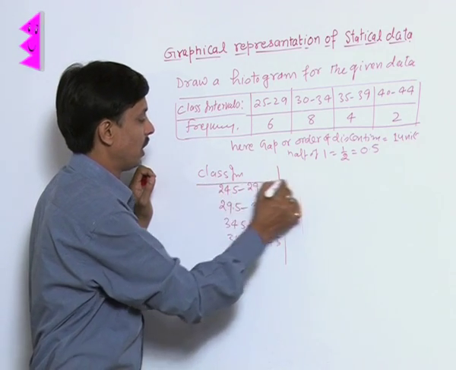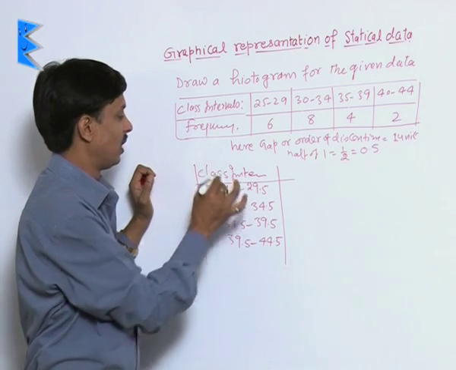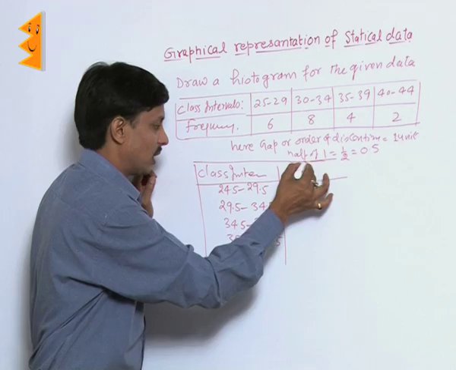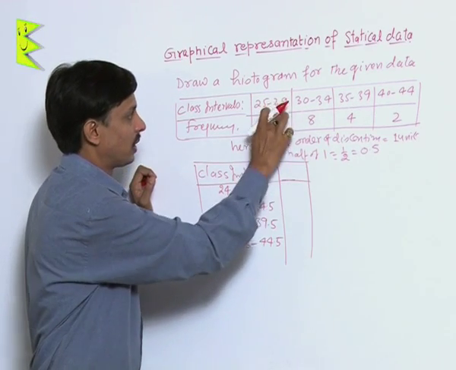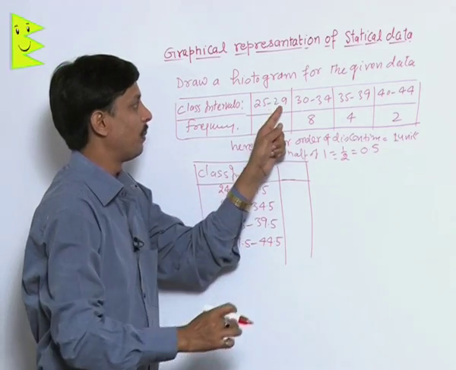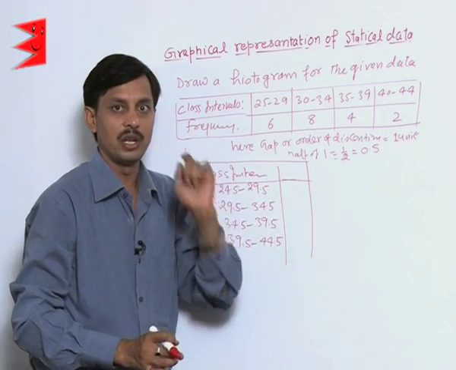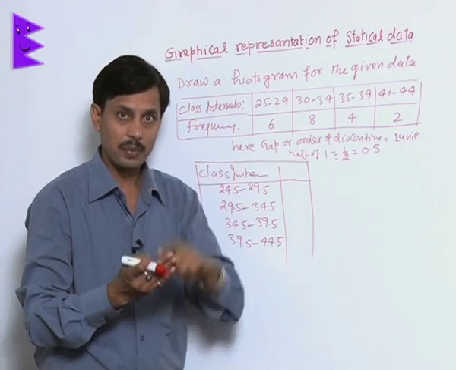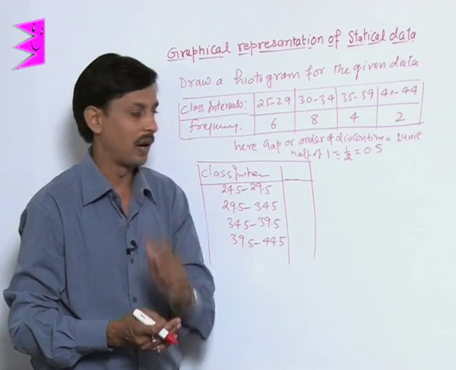Now, what is the method I am repeating to you? First you observe how the intervals are discontinued. Here everywhere 1 unit is discontinued. Take its half and subtract it from every lower limit and add it to every upper limit.